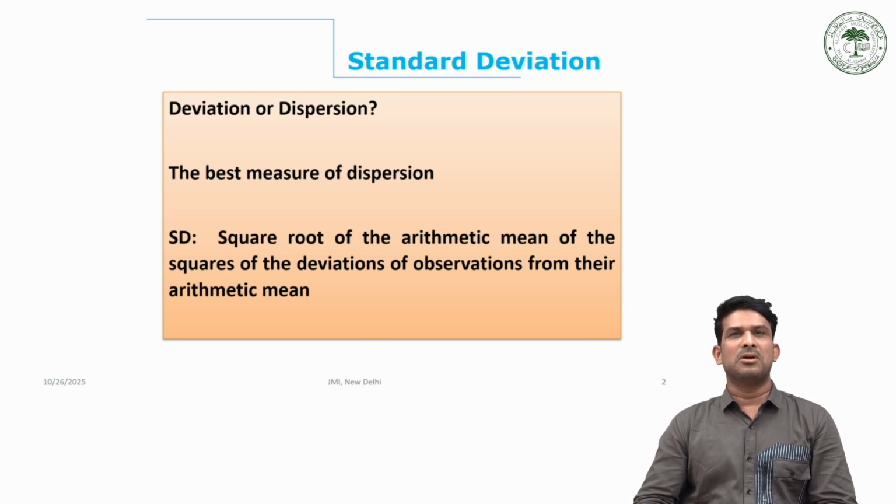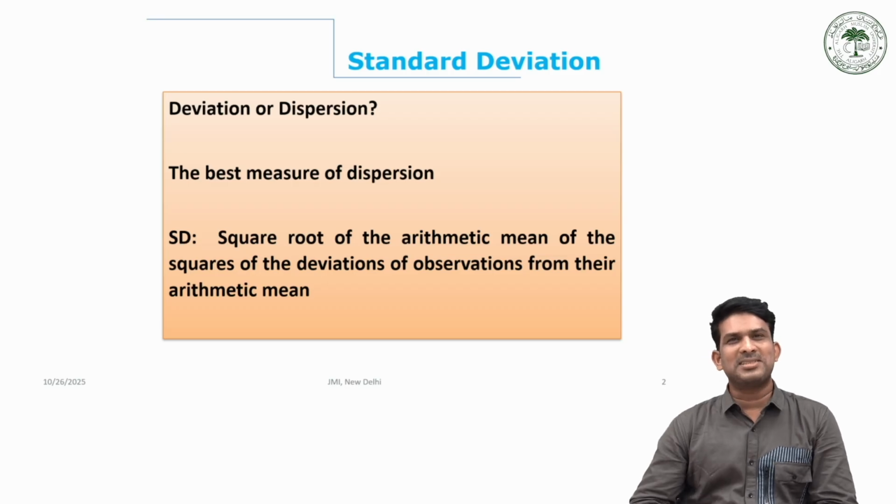When you go for regression, there is an element of standard deviation. When you have to compare means through ANOVA, independent sample t-test, paired sample t-test, we have to go for standard deviation as well.